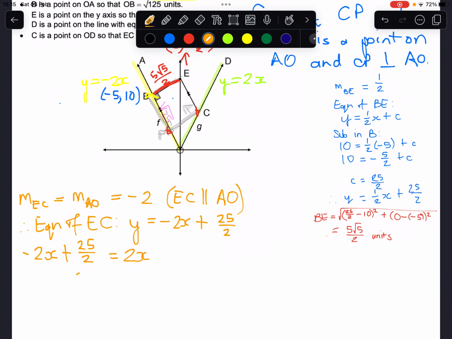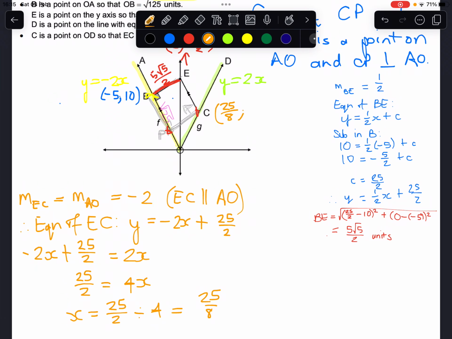So then we've got 25 over 2 is equal to 4x. Divide both sides by 4, so x is equal to 25 over 2 divided by 4, which comes to 25 over 8. So the x-coordinate for C is 25 over 8.